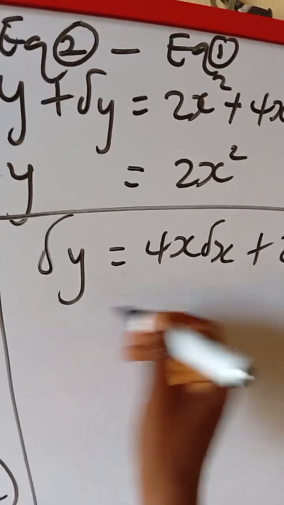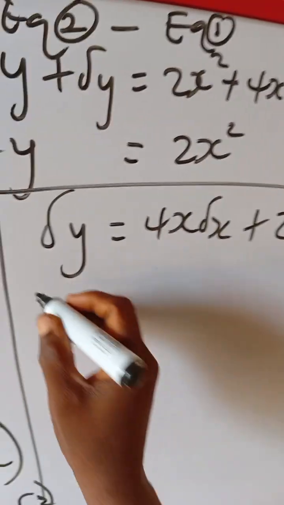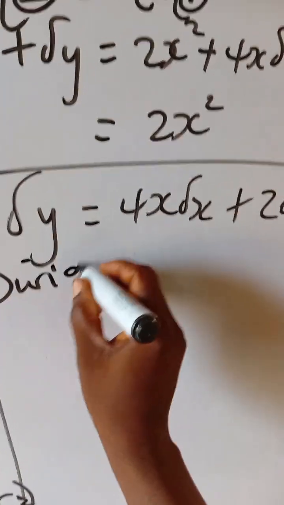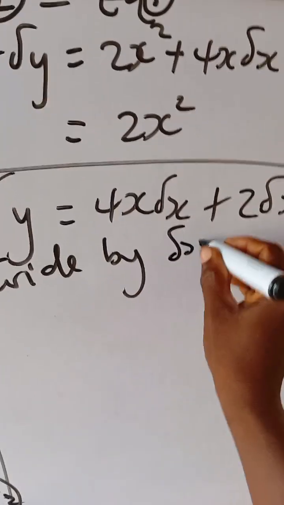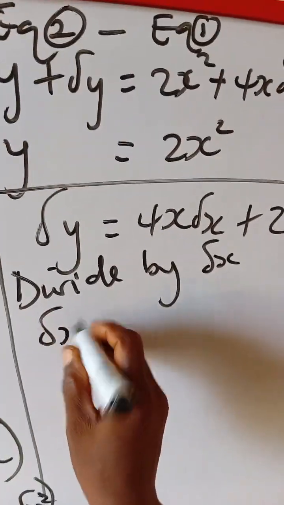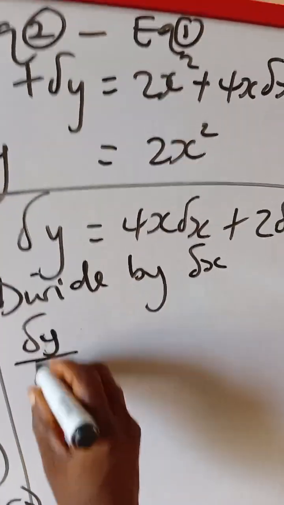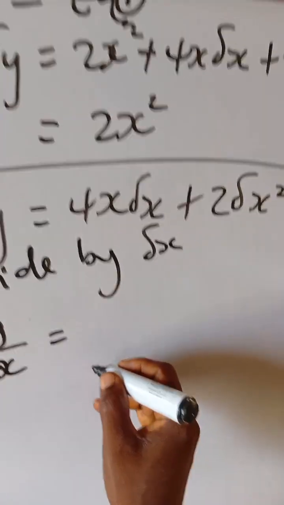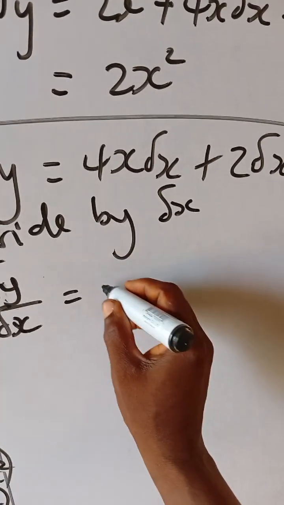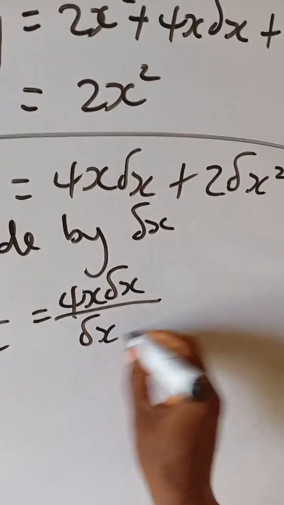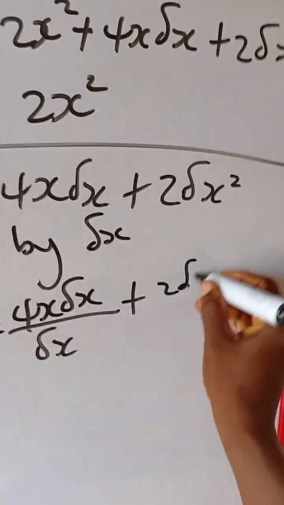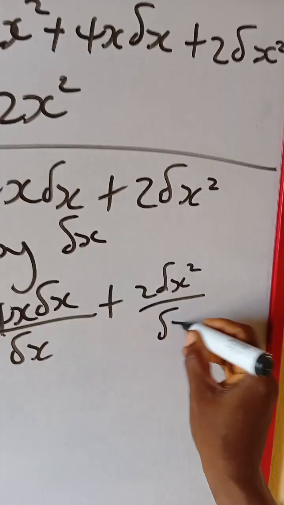Then I'll divide both sides by small change in x, so I will have change in y over change in x equals 4x small change in x divided by small change in x plus 2 small change in x squared over this.